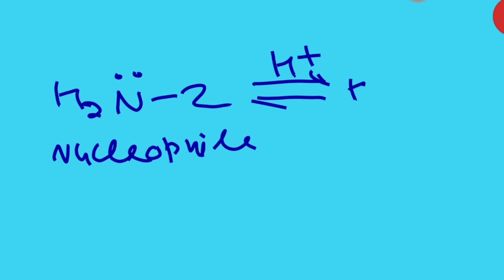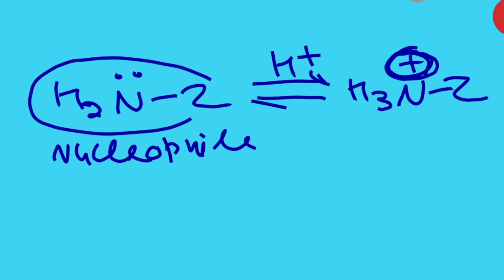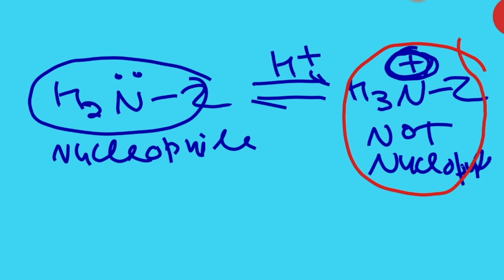Then it is going to make NH3 positive Z. Now a positive charge is there, so this ammonia derivative will not act as a nucleophile. Are you getting my point? So this is becoming a salt of the ammonia derivative, which cannot act as a nucleophile, meaning it does not have any unpaired electron. So it cannot give the reaction further.